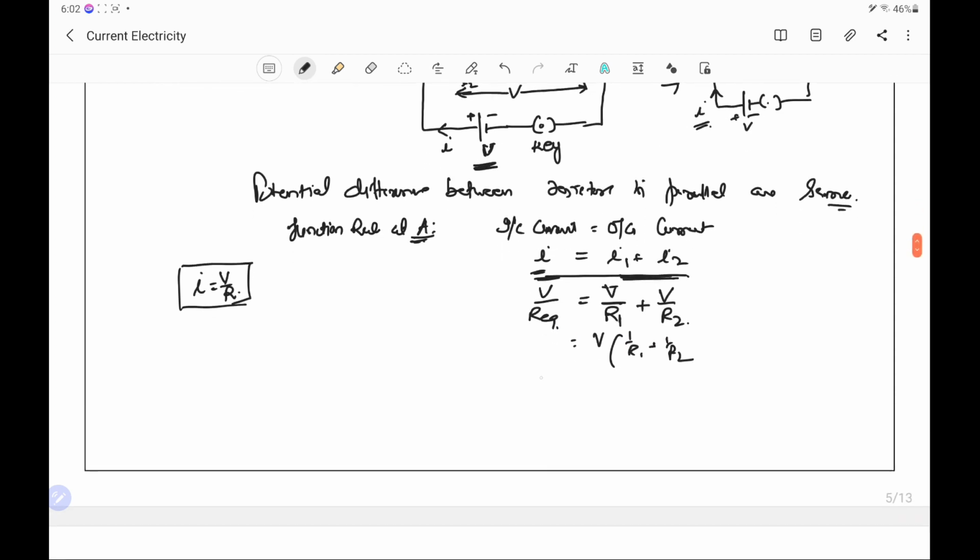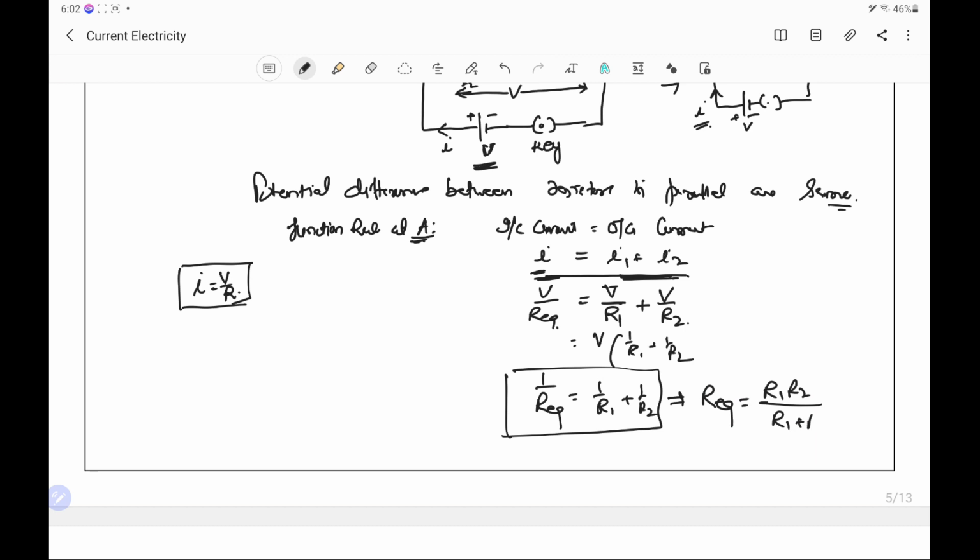Hence 1 by R equivalent equals 1 by R1 plus 1 by R2. It can also be written as R equivalent equal to R1 R2 by R1 plus R2. For this, we take the LCM, that is R1 R2, and the numerator becomes R1 plus R2, and then we invert them to get this result.